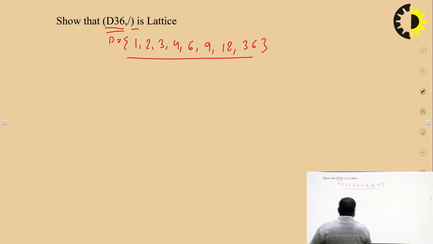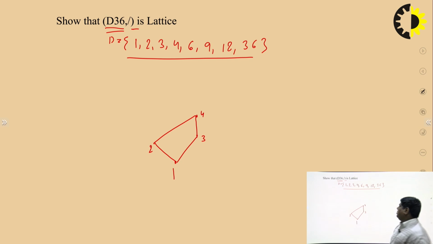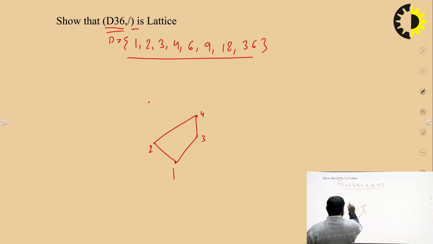Now, first we draw the 1, then here is a 2, 1 is connected to it, here is a 3, now the next one is a 4, and 4 is connected to 2. Now, the next element is 6, and 6 is related to 2 and 3.